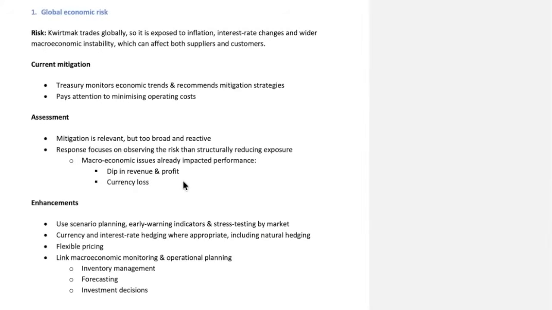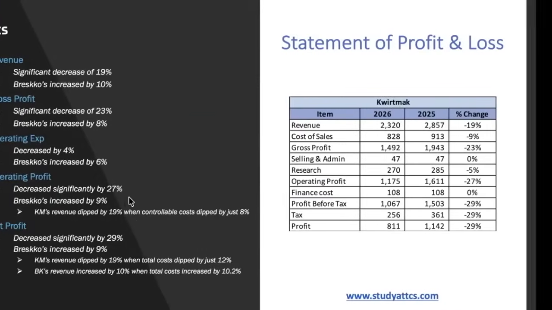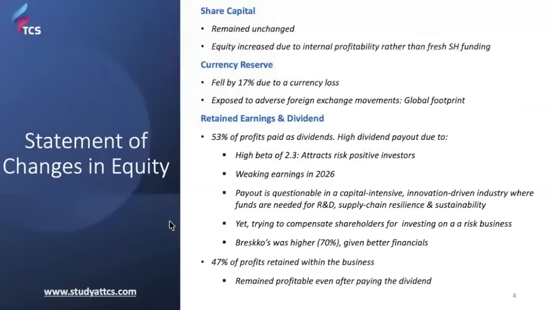So when this is the case, when we are just observing macroeconomic risk exposure, it is not going to help. We might be exposed to further issues in the future. And also, we were faced with a currency loss in the year 2026, as per the statement of changes in equity.